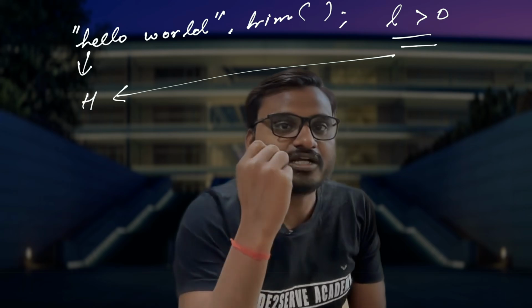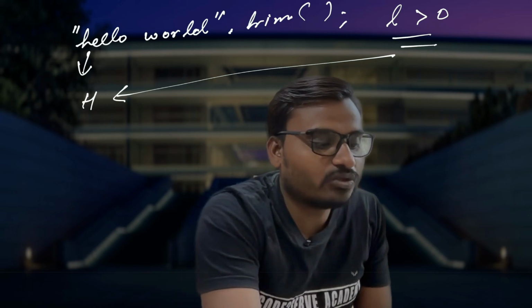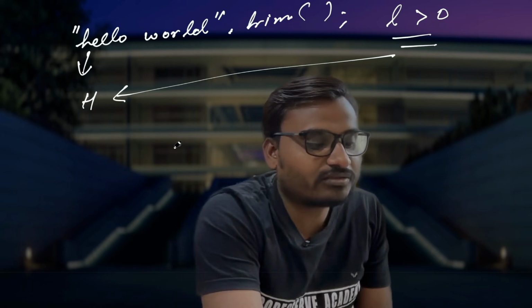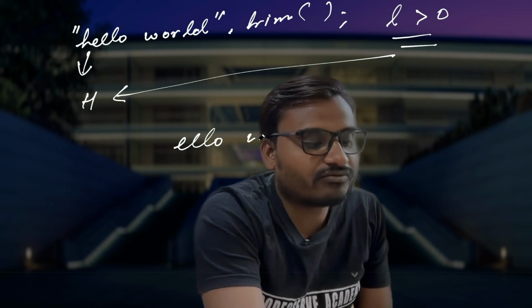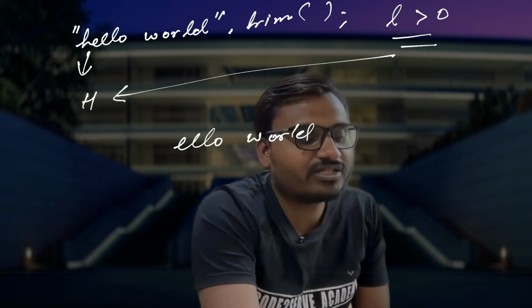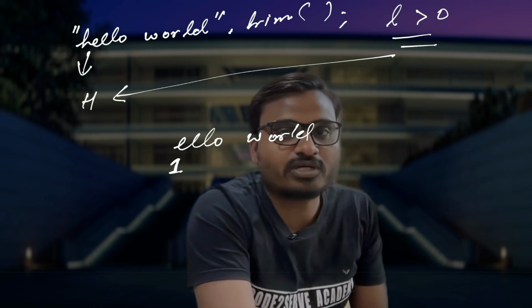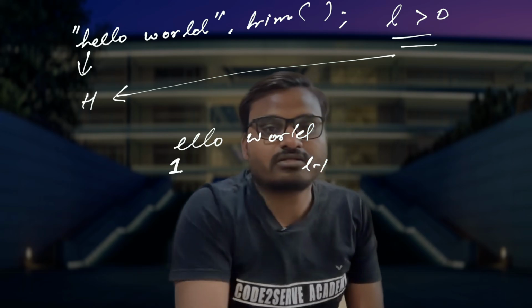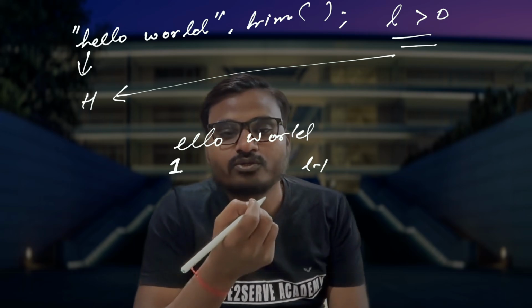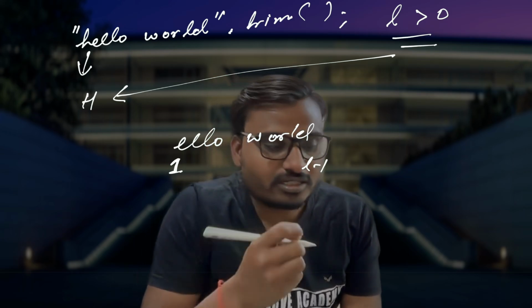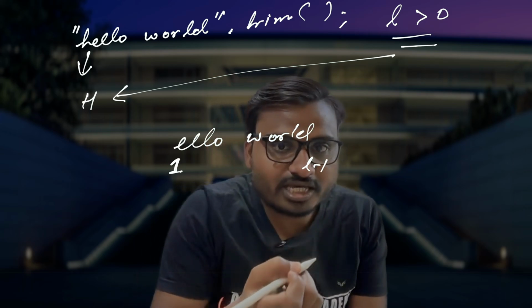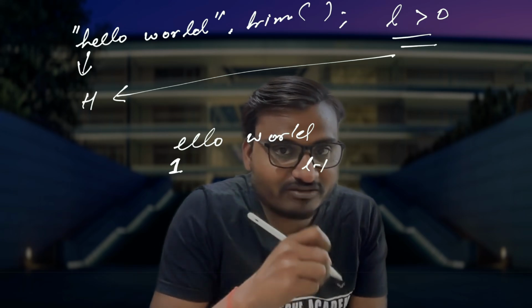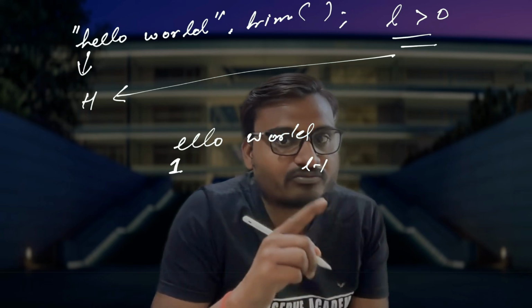And after converting into capital, we start the loop from the index 1 till the last index, so length minus 1. And now what we are going to do is see if the previous character is white space. Think about it.